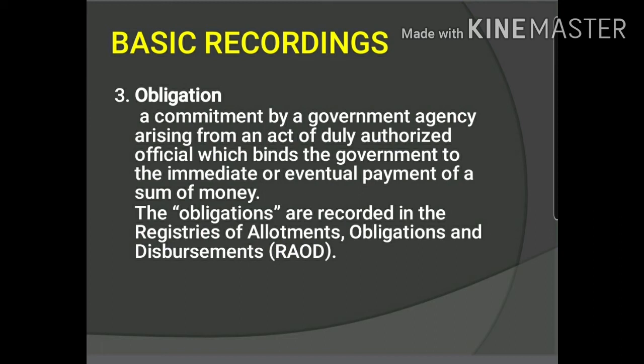The requesting officer shall prepare this document, supported by valid claim documents like disbursement vouchers, payrolls, purchase or job orders, itinerary of travel, etc. The head of the requesting office shall certify the necessity and legality of the obligation and the validity of the supporting documents. The head of the budget division shall certify the availability of the allotment. The obligations are recorded in the registries of allotments, obligations and disbursements, RAOD.